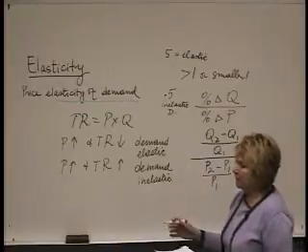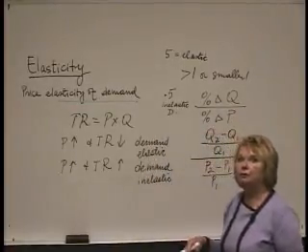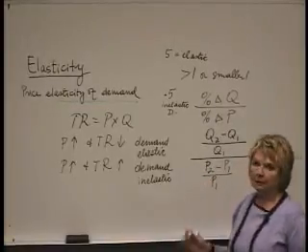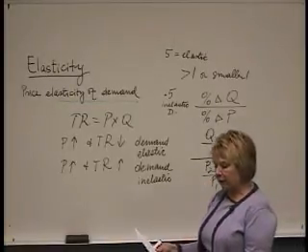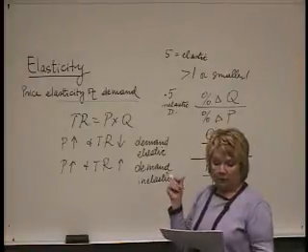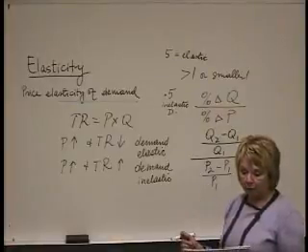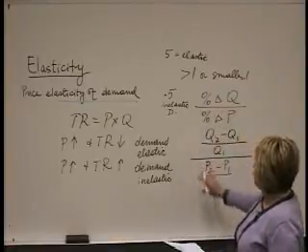Okay, so now we have looked at several elements that are going to explain or qualify a particular demand as being elastic or inelastic. We looked at the percentage change comparisons, we looked at total revenue, we looked at the elasticity coefficient.